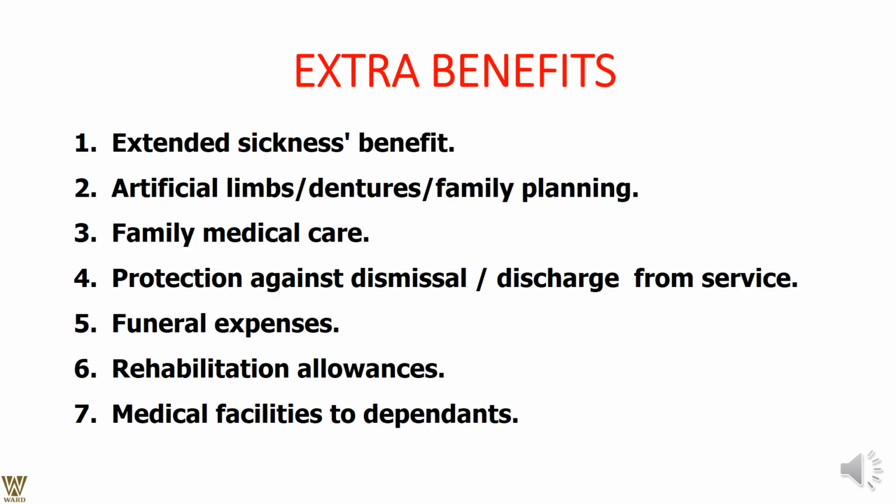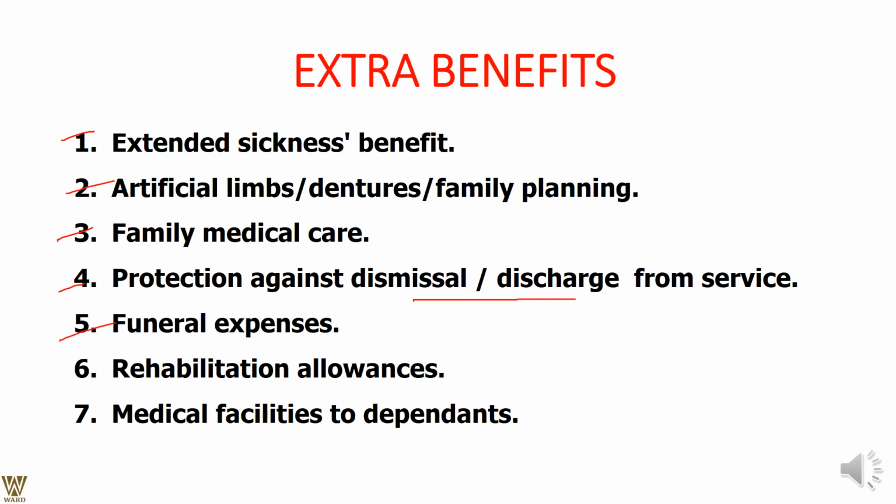The extra benefits, what are the extra benefits that come around with the jobs? Probably an extended sickness benefit, artificial limbs. Probably this will be extended, but do I recommend it? Absolutely not. Family medical care, protection against dismissal, longevity and permanence in the job. Probably funeral expenses, again one of those facilities which no one would like to avail at all.